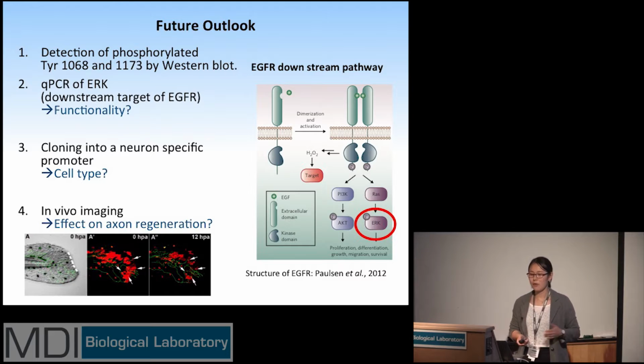We would also like to clone the EGFRs into a neuron-specific promoter so that we can answer the question of cell type specificity. And lastly, we would like to perform in vivo imaging of axon regeneration in zebrafish, and this will help us see if the mutation and overexpression of EGFR will affect the regeneration of axons.